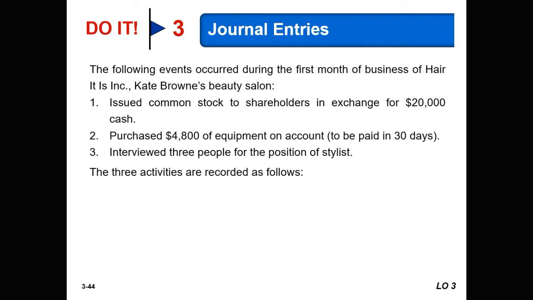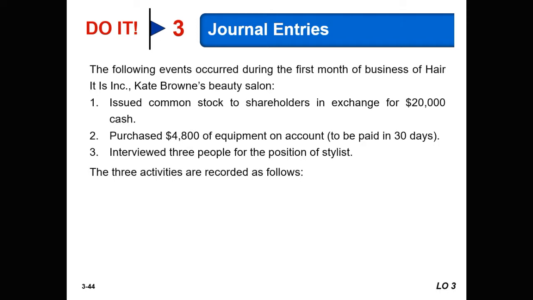So we're going to take a minute and we're going to actually walk through what's called the do it. This is a problem that is encased in your books. It is on page 108. And I will verbally walk you through it.